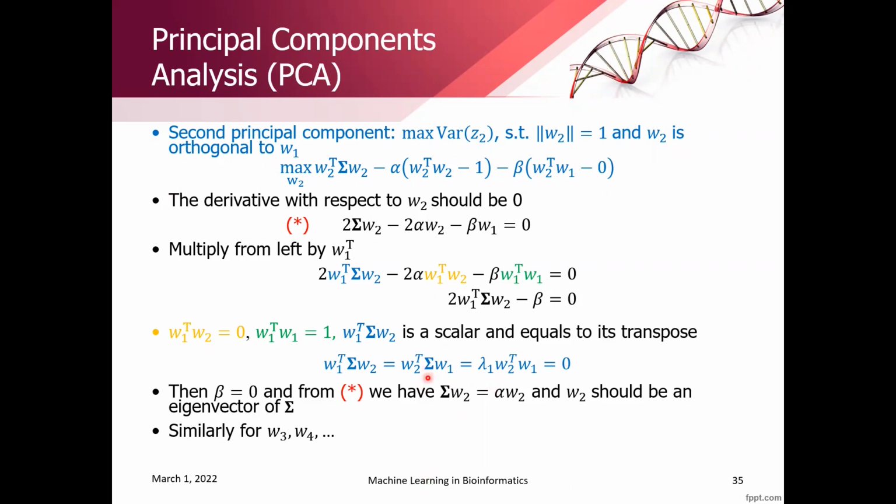So the result will be that we obtain sigma times W sub 1. This was the first eigenvector relation, the eigenvalue lambda 1 times W sub 1, and therefore this will be here. The eigenvalue I can put in front, and here I have the product of orthogonal vectors, so I obtain 0.